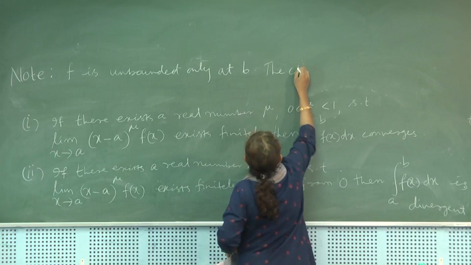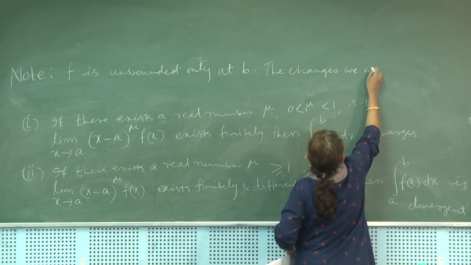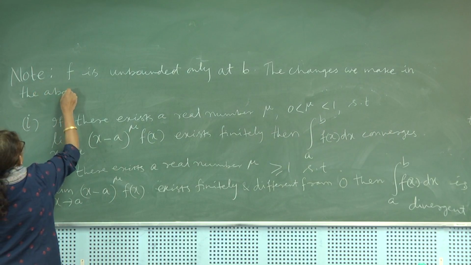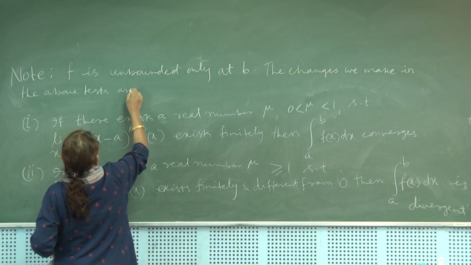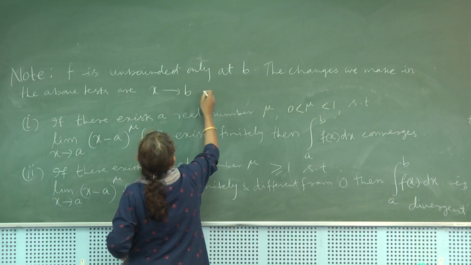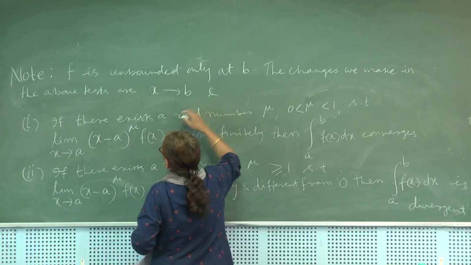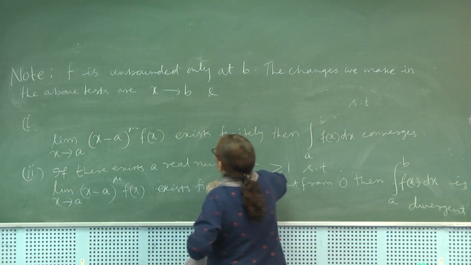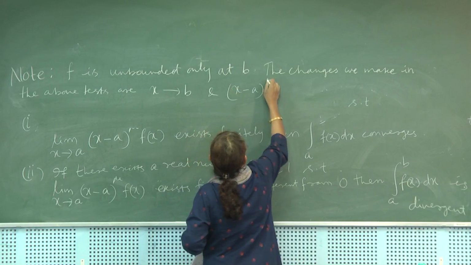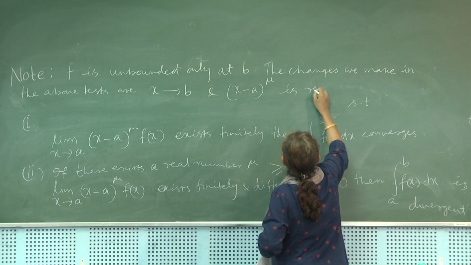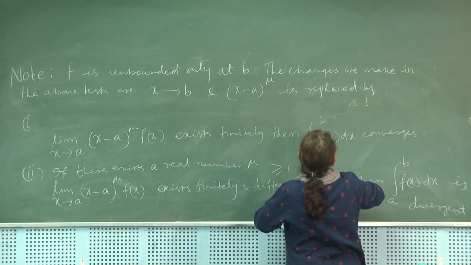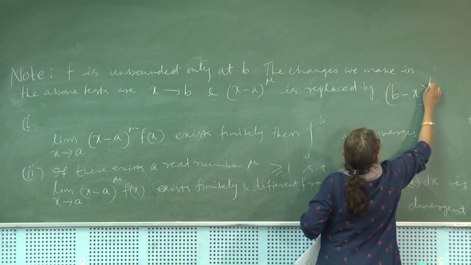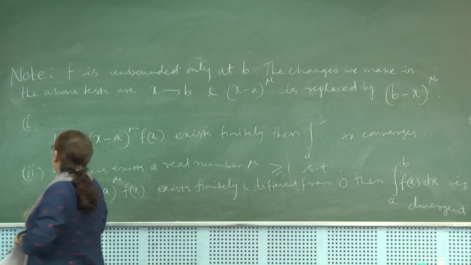The changes we make in the above test are: x tends to b, and this factor x minus a whole to the power mu is replaced by b minus x whole to the power mu, and all other conditions are same.